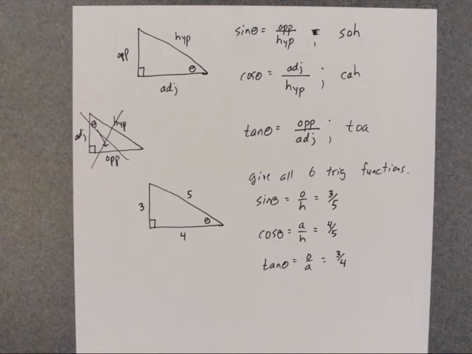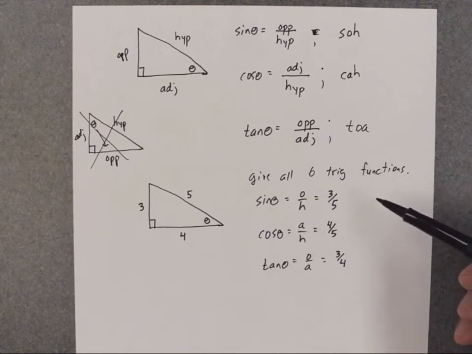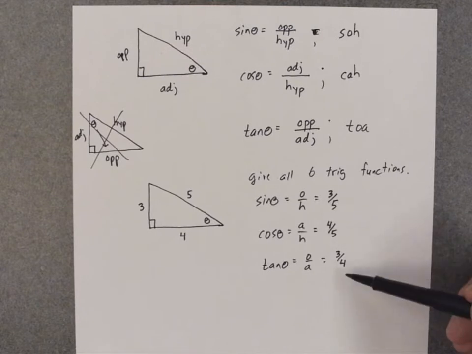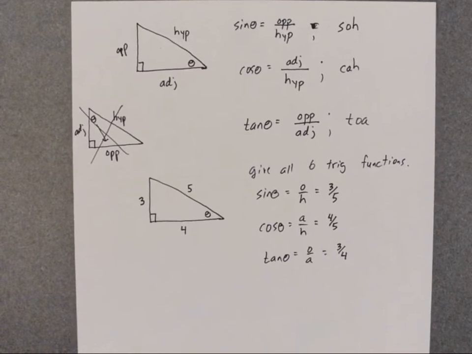All right, so based upon the definitions of sine, cosine, and tangent, if we know the 3 sides of a triangle, we can write out the trig functions. But now, I've only written 3 trig functions here. How about the other 3? All right, let's talk about the other 3.